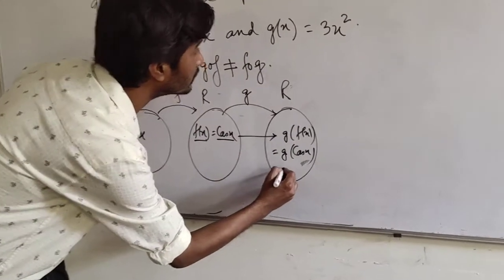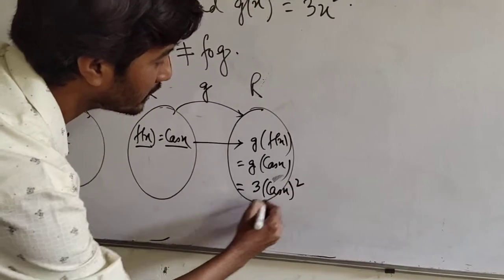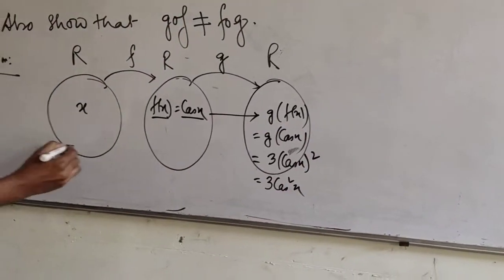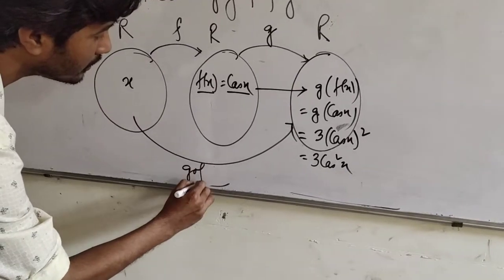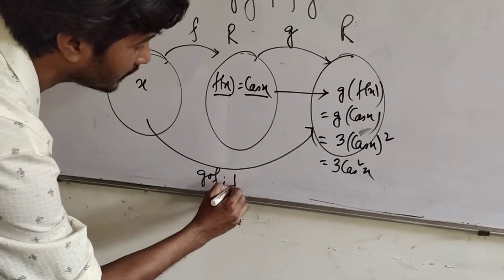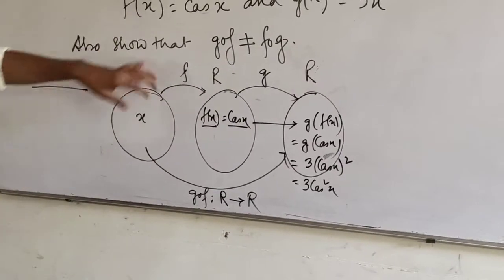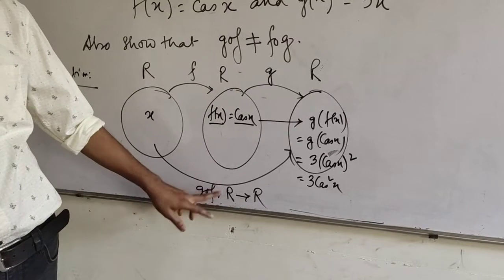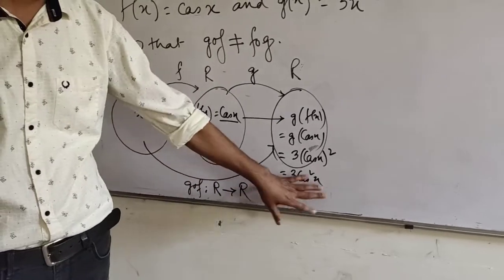Therefore, this will be equal to 3 (cos x) whole square, which is nothing but 3 cos square x. And we know that this composition is g∘f, a function from set R to set R. So in this way, for these two functions f and g, we can have g∘f as a function from R to R, and that will be given by 3 cos square x.